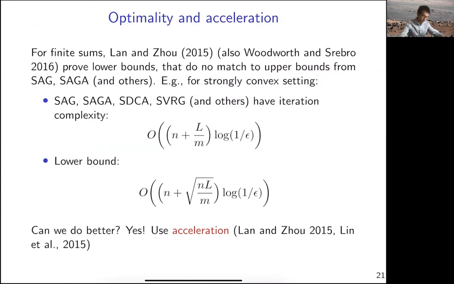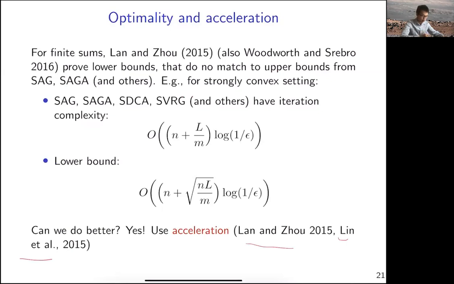Specifically, there are many versions of acceleration, and algorithms that achieve these accelerated rates nowadays by various authors. What you can achieve, instead of a clean square root of L over M, is that the size of the data set creeps in in interesting ways.